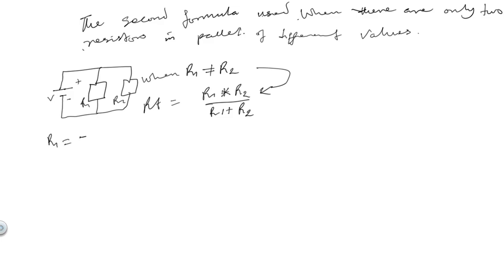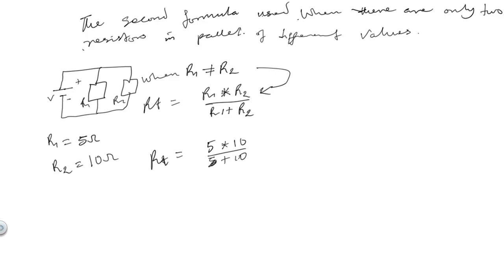Let's say R1 is equal to 5 ohms and R2 is equal to 10 ohms. So RT, when the two resistors are not of the same values, would be 5 multiplied by 10 all over 5 plus 10.